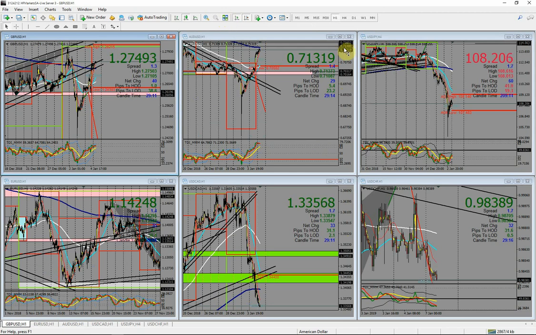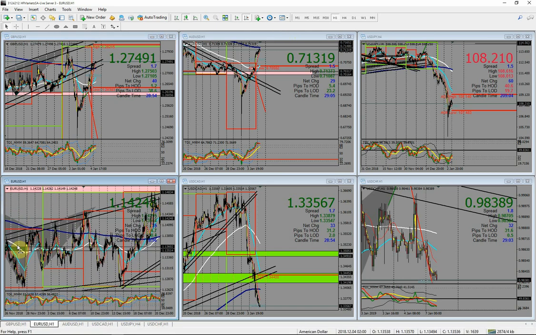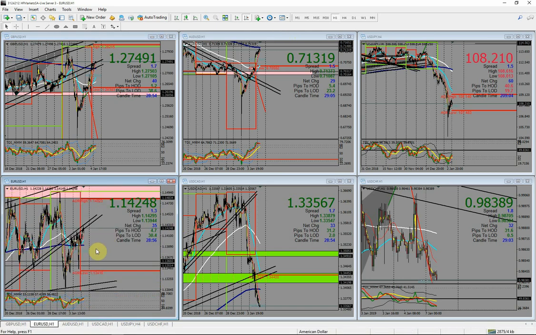You see, I have six currencies here. Within these six currencies, there has to be two that I'm going to kill in any given week. You understand? Even if you don't kill all of them, there's going to be one that you're going to kill, ladies and gentlemen. You're not going to get stopped out on all of them. Why? Because they are very consistent.